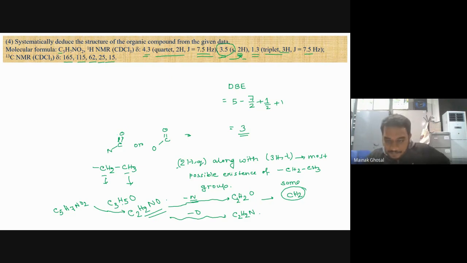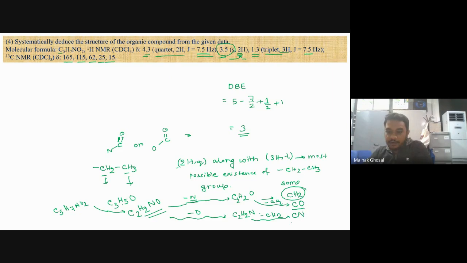Now, if CH2 is removed, what are we left with? Here, if CH2 is removed, we will be left with CO. Here, if it is removed, this will be CN.